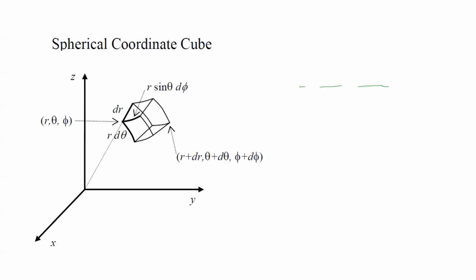So the volume of this element, this cuboid, depends on the sides of the volume, right? There are three different sides which are distinct to each other.